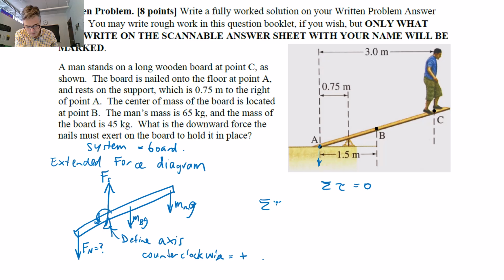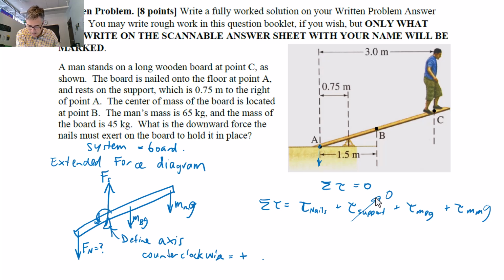So the sum of the torques is going to be equal to the torque from the nails plus the torque from the support plus the torque from the mass of the board times G plus the torque from the mass of the man times G. Some of these will be positive, some will be negative, some will be 0, but they'll all add up to 0. So since the axis is right where the support is, the torque from the support equals 0.